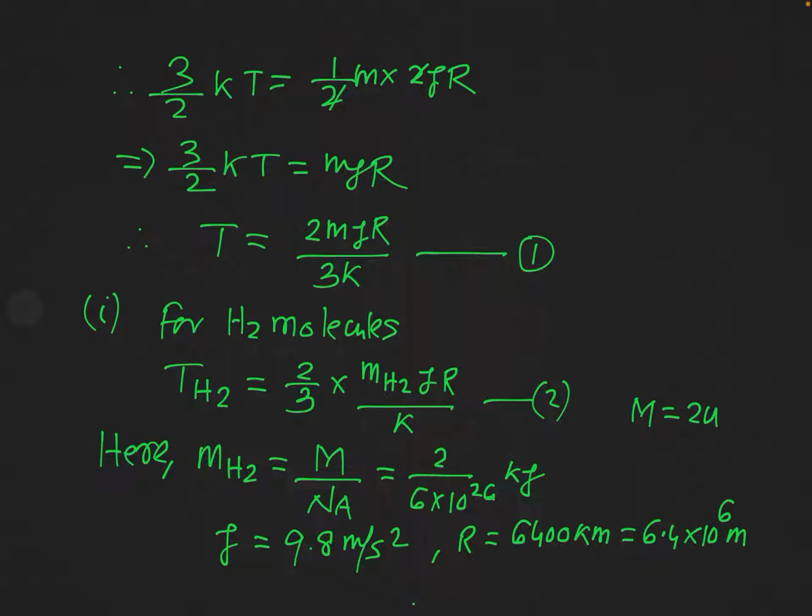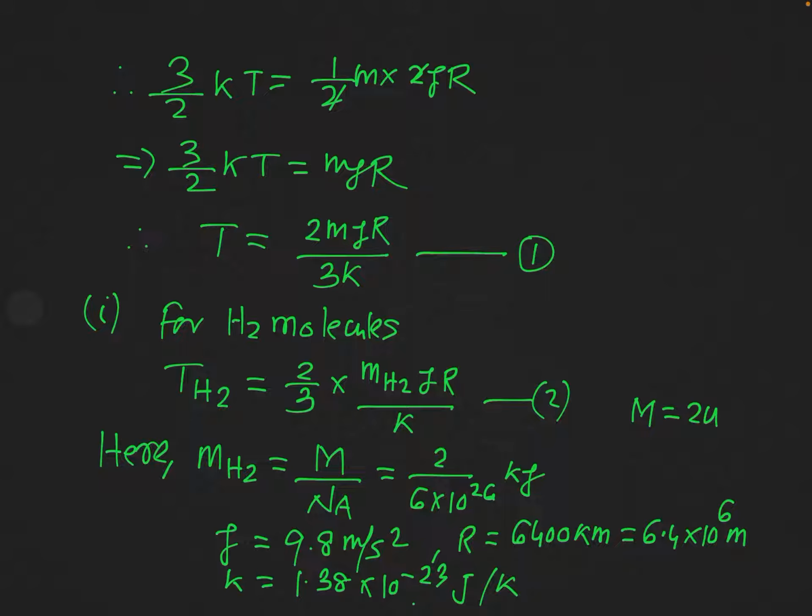So these are the values of the quantities which I have. Now you should also write the value of k here. You know k is 1.38 into 10 to the power minus 23 joule per Kelvin.